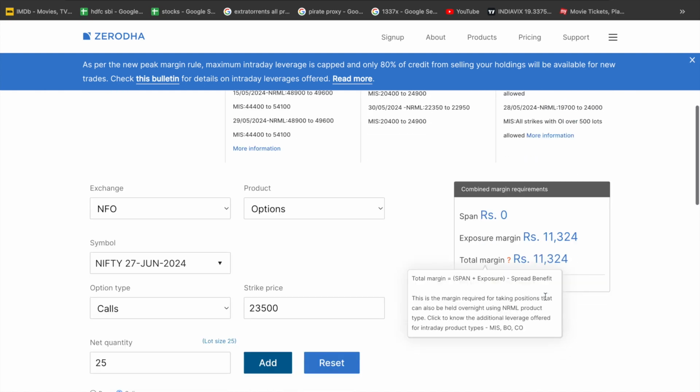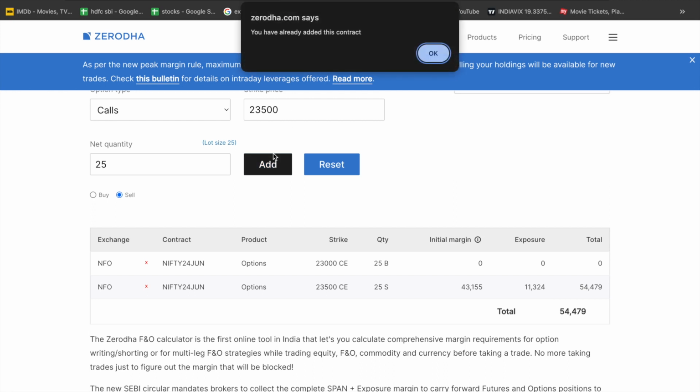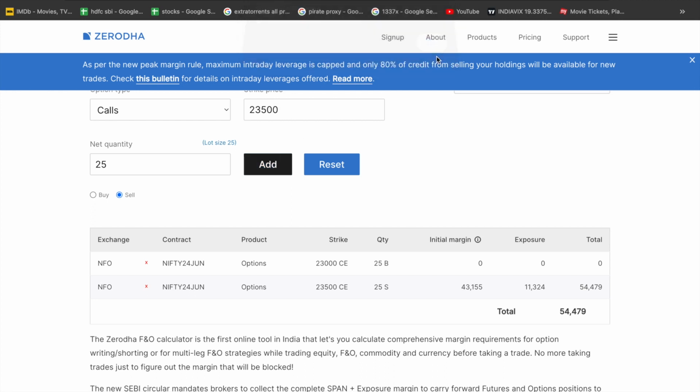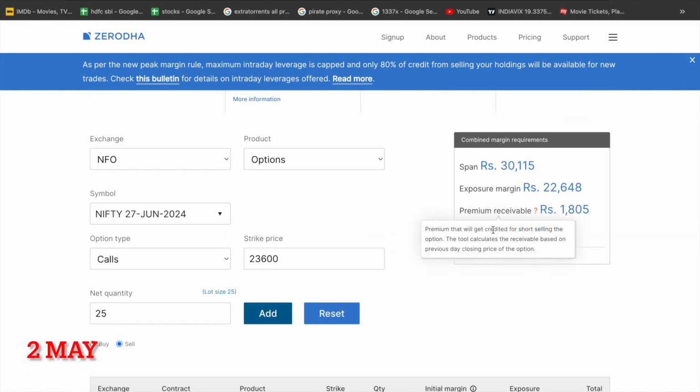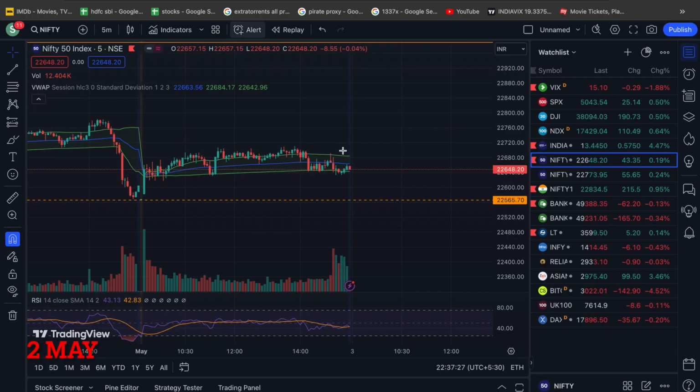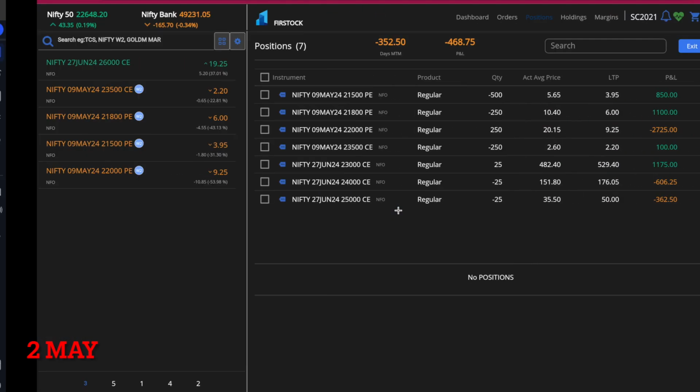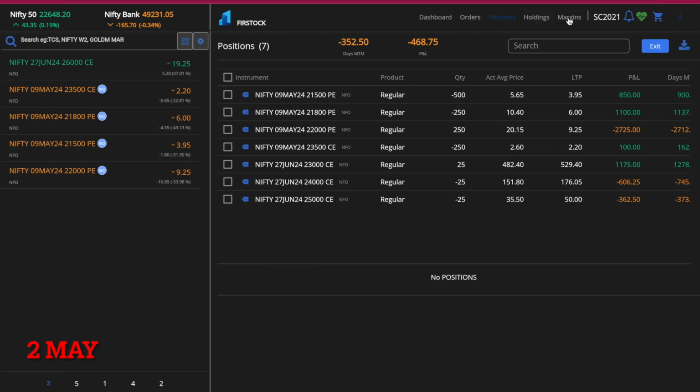Okay, so the overall margin is less, but if we add one more lot, okay, just hold on, we'll go ahead and add 23,600. If we add this, then the actual margin comes in. So that is also 52,000 only. That is not much. 50-60,000 we can sell this extra lot here, and that will not be an issue.